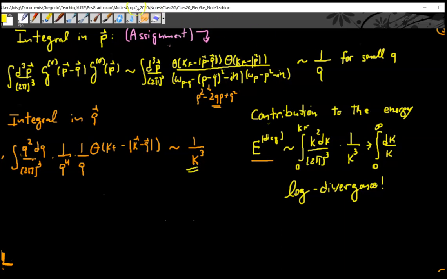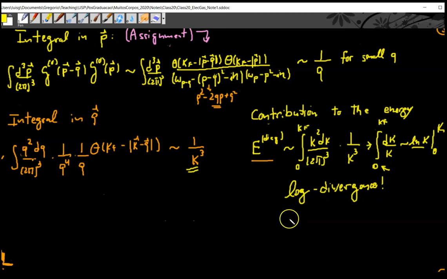It might not be infinity, it might be k_F, but it's already bad enough that I get the divergence for 0. So what I'm most worried about is this. So this is log k from 0 to k_F, and that will give me a log divergence for small k, so for small energy.